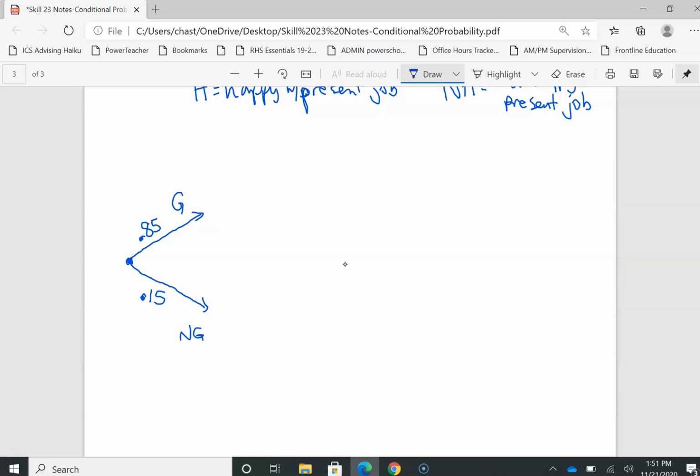Now, we also need to talk about the probability that we were happy versus not happy. Graduates can be happy or not happy, but our non-graduates can also be happy or not happy.